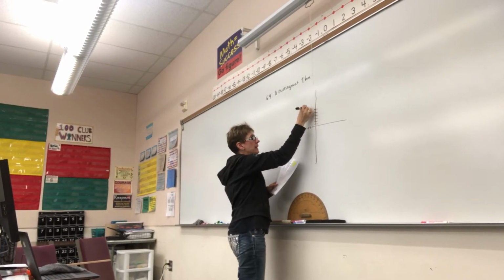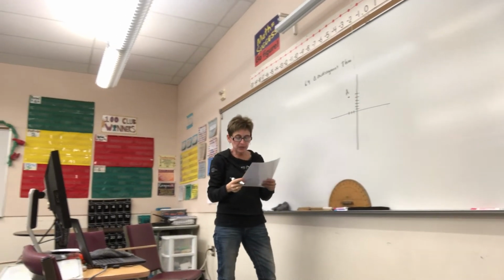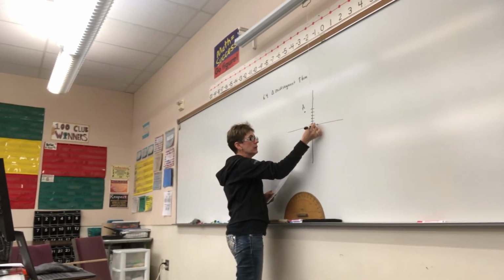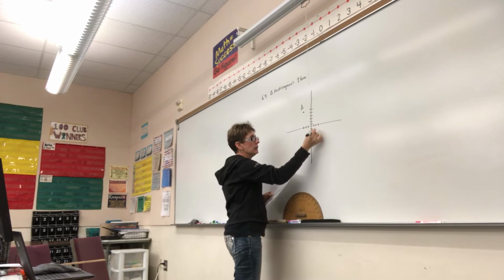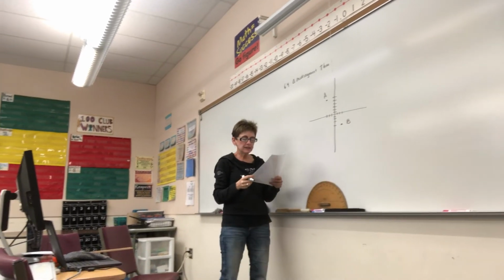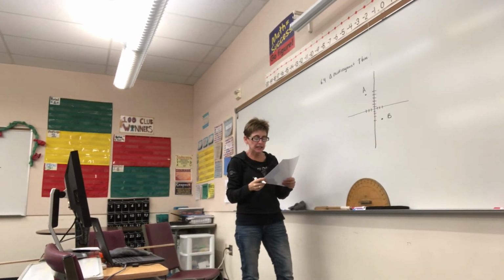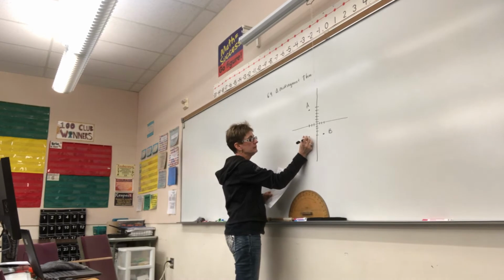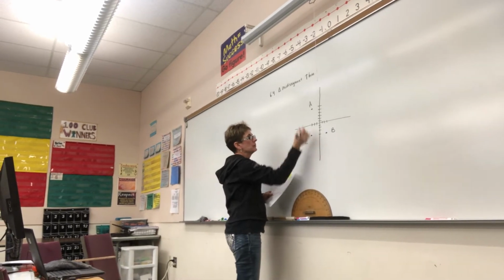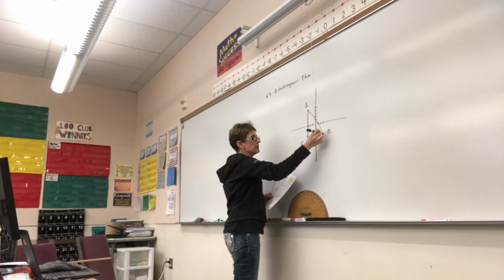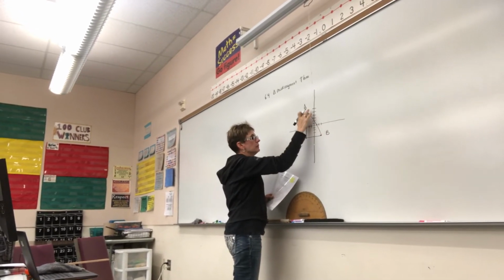That will be point A. And then B is going to be at 3, -4. And then C is going to be at -3, -4. And then I'm going to connect each of these points to form a triangle.